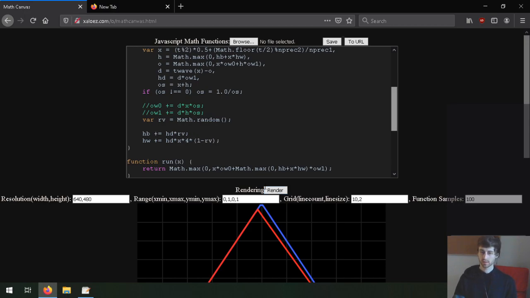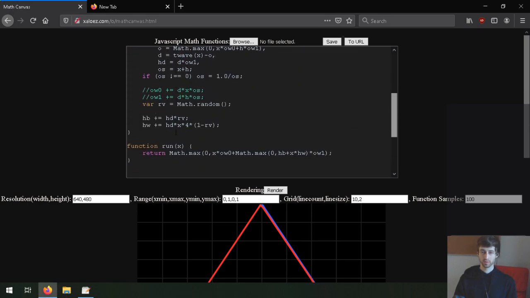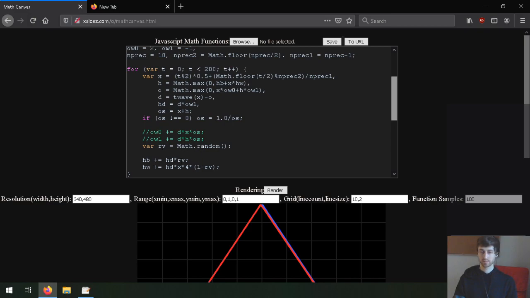Oh, that's interesting. So training the weight more. Oh my god, I definitely think you need to train the weight and the bias separately. Hold on. What if I train the bias first?